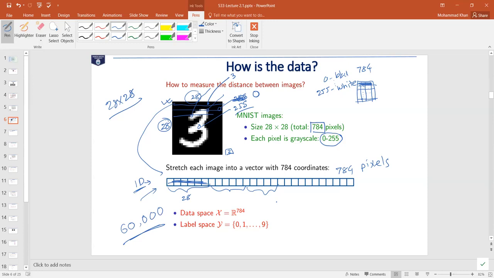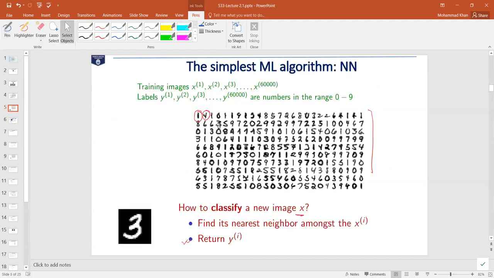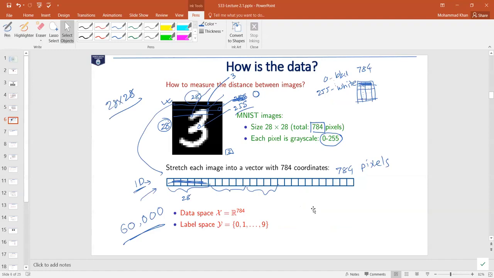Now, if a new instance comes, so we need to classify a new instance. What we do, suppose we get a new instance, this image, 3. Suppose we are getting this new image of a 3, and we want to classify it. Then for the new instance, we'll do the unmarshalling process again.